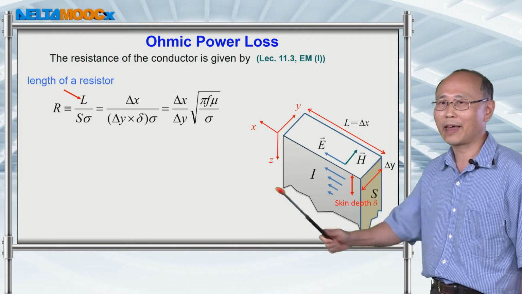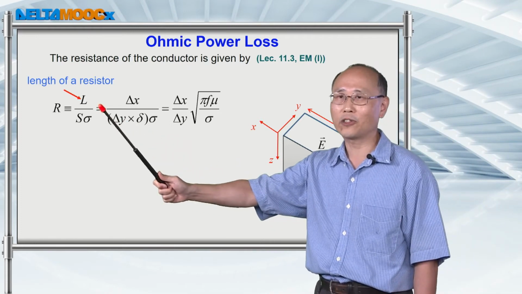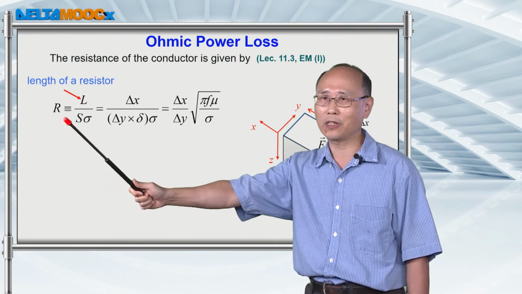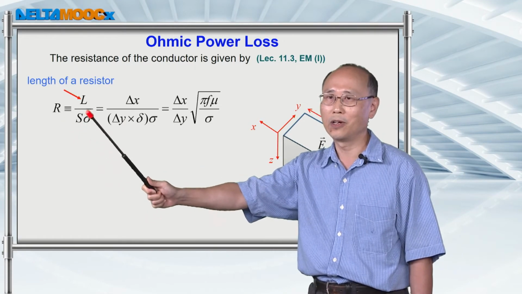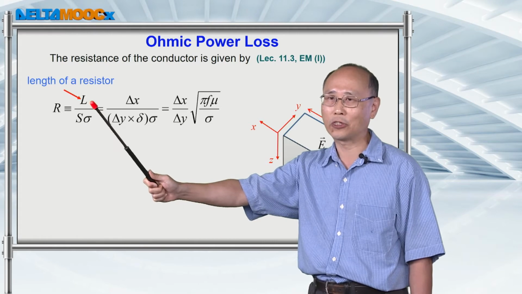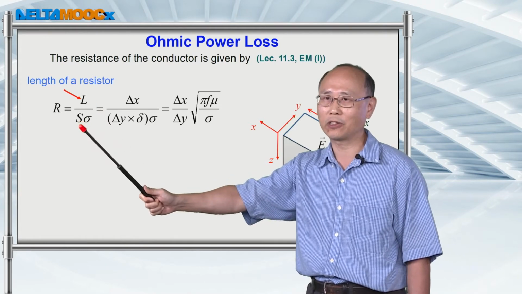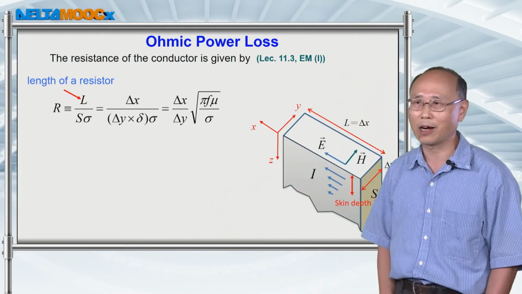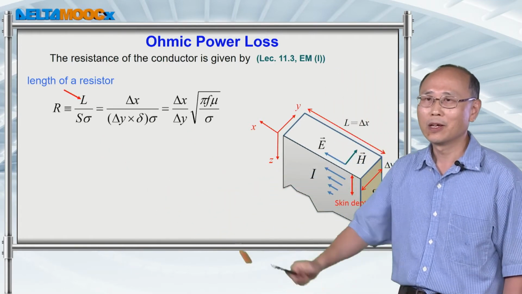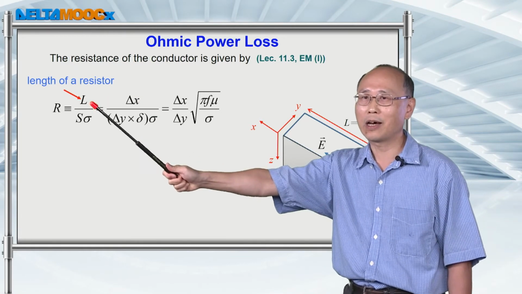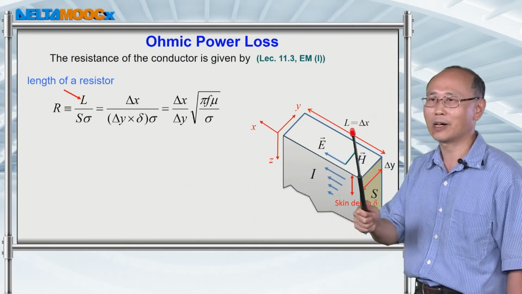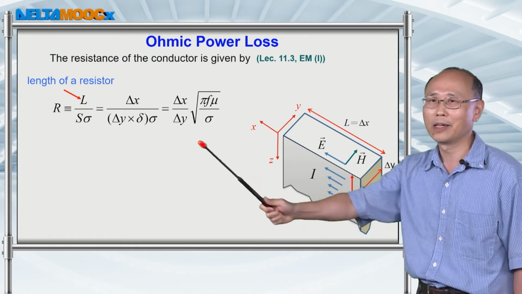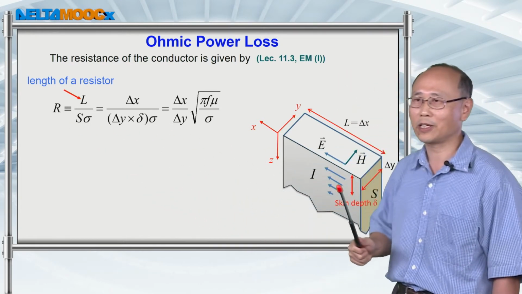And then from our discussion about a piece of resistor, you can calculate the resistance according to this formula, where L is the length of the resistor, S is the cross-sectional area of the resistor, and sigma, again, is the conductivity of the resistor. This L is along the current propagation direction, so in this configuration, L is equal to delta X. And S is a cross-sectional area.